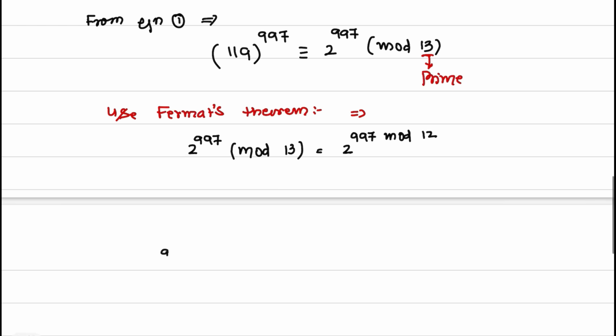What is the value of 997 mod 12? 997 is equivalent to 1 mod 12.